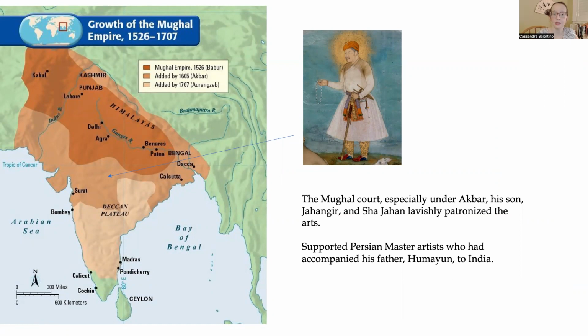So he brought together the best artists in India that he could attract, and also had at his disposal Persian painters who had been brought first by his father, Humayun, whose name you'll see on the slide right here, who were Persian master artists in a Persian tradition.